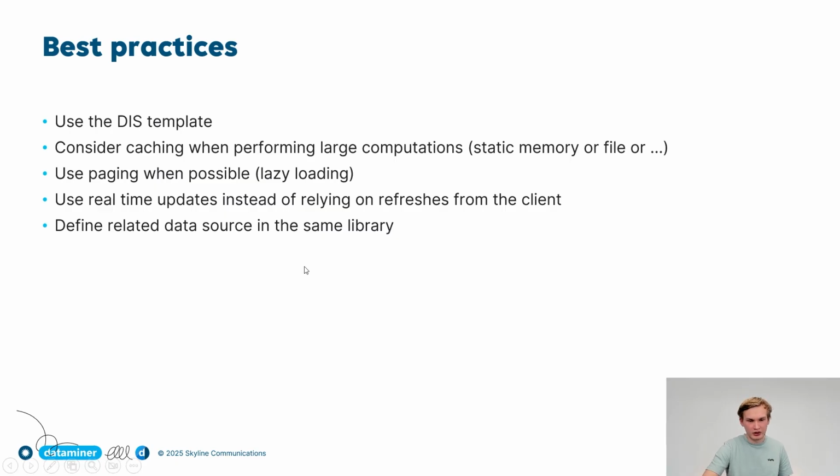And you can also define multiple classes within one library, which will make sure that you can use certain code next to each other, and DIS, when you publish it, when you compile it, will actually handle that very well.